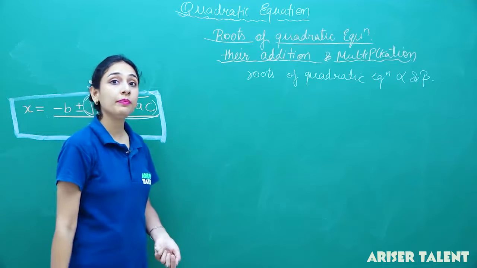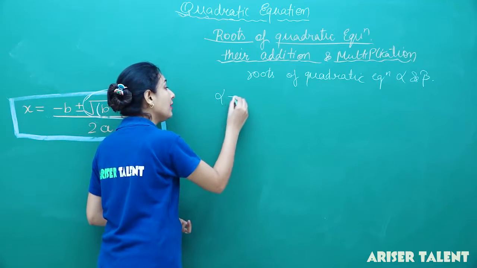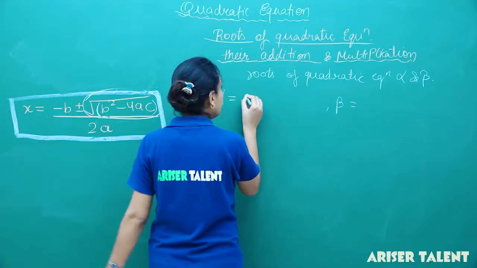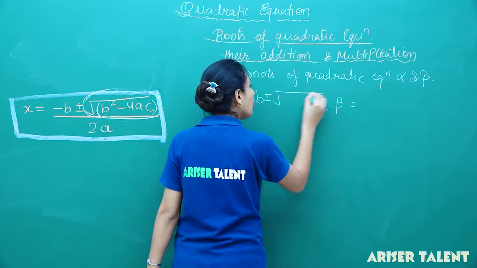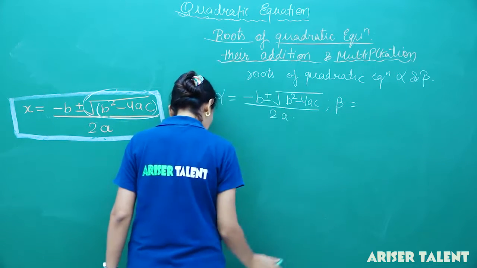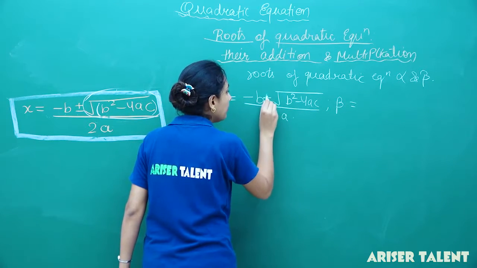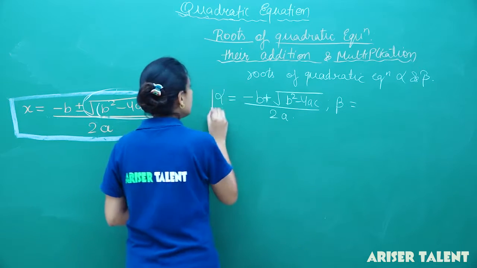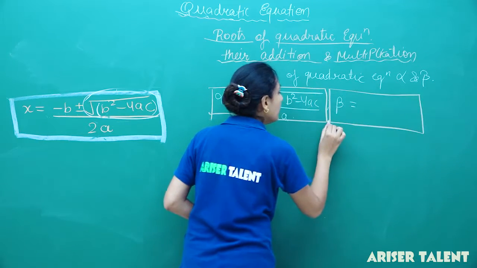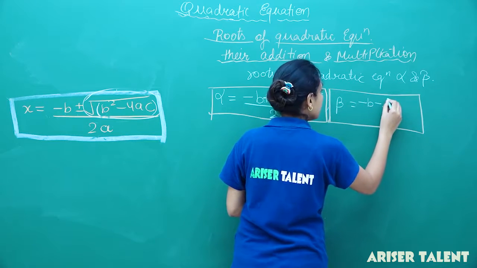Now, if the roots are alpha and beta, the value of alpha and the value of beta is nothing but what we have calculated from here: minus b plus minus root of b square minus 4ac upon 2a. So, I will just remove this minus from here and have this plus here. So, this is 1 and this will be the 2, which is the same equation but with this plus replaced with minus.